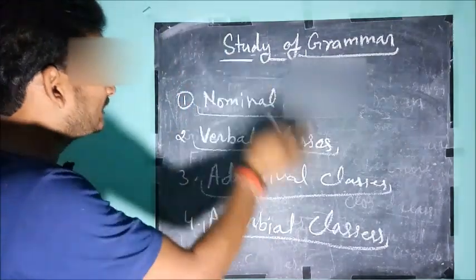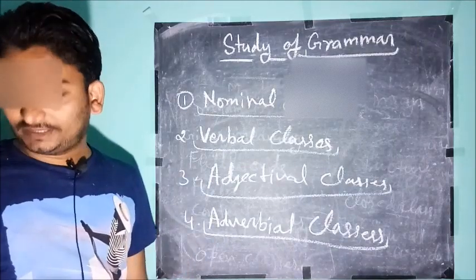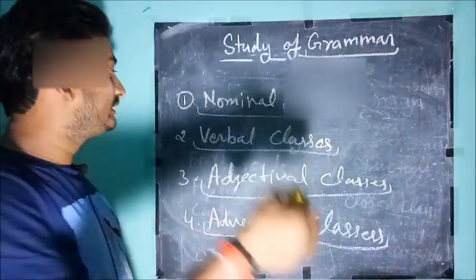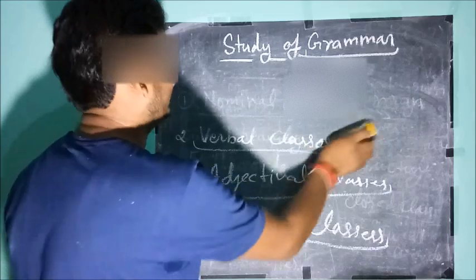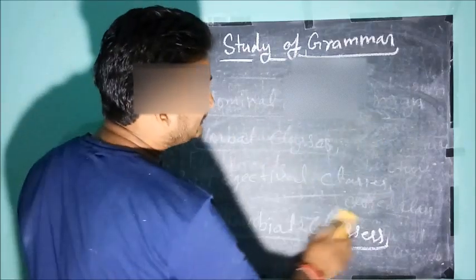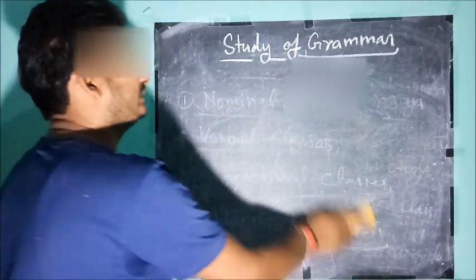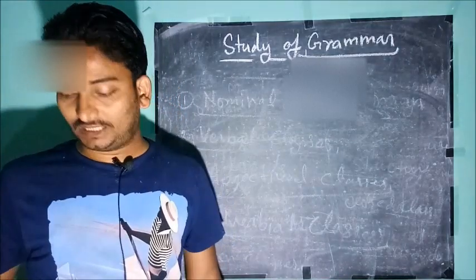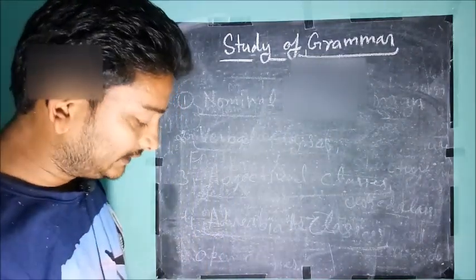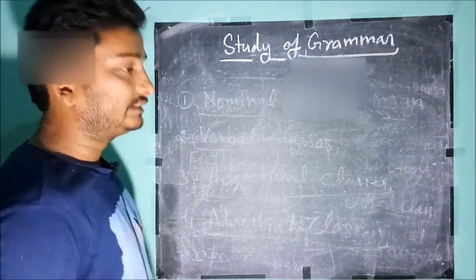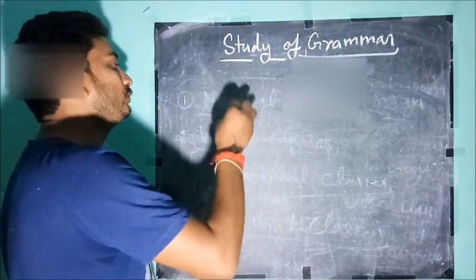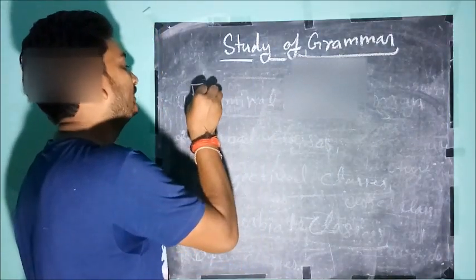Guys, these are the 4 classes in a sentence, and here is another classification, that is, the major division of any sentence: functional labels. There are 2 functional labels.